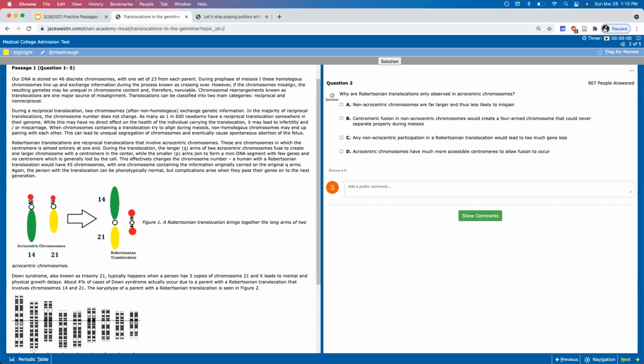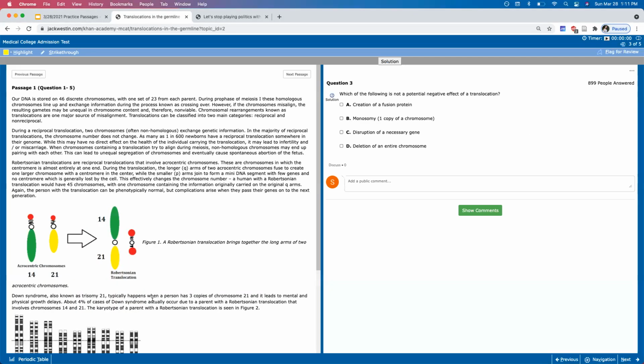Okay, perfect. Question 3. Which is not a negative effect of translocation? Okay, I'm seeing some Ds. So which is not an effect of translocation?